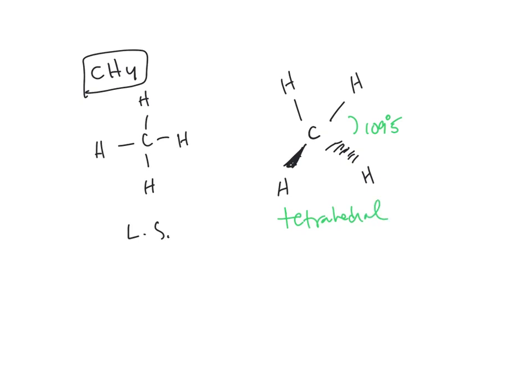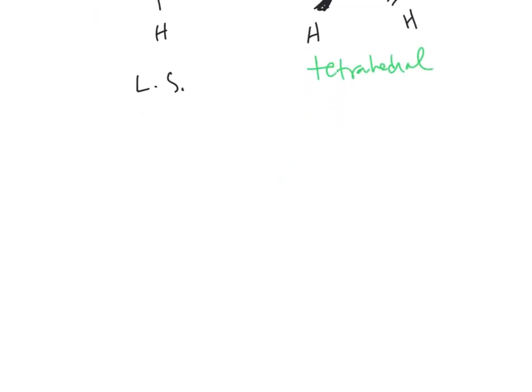Okay, so then ammonia is next. And the Lewis structure for ammonia: nitrogen has 5, hydrogens each have 1, so that's going to make an octet for nitrogen.